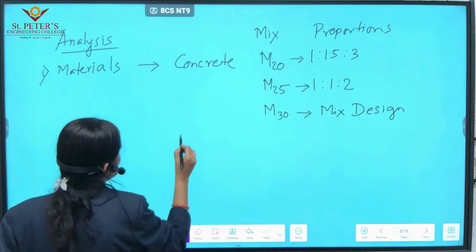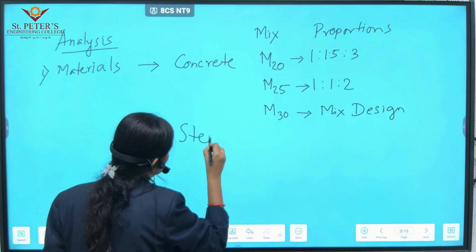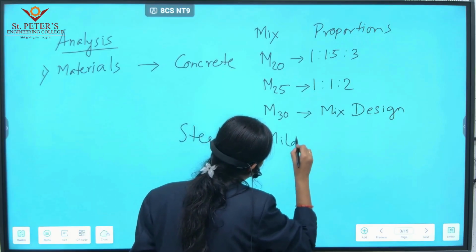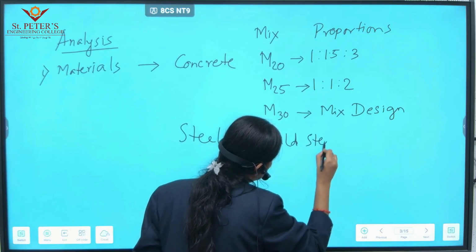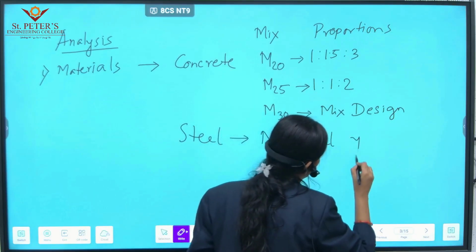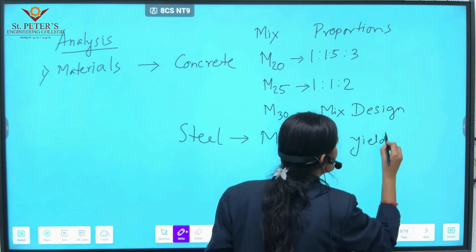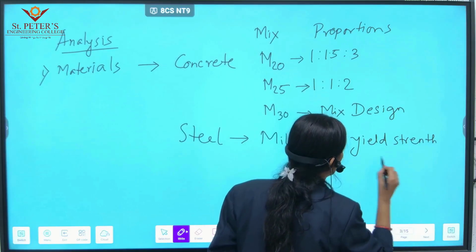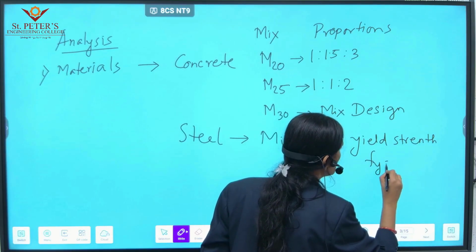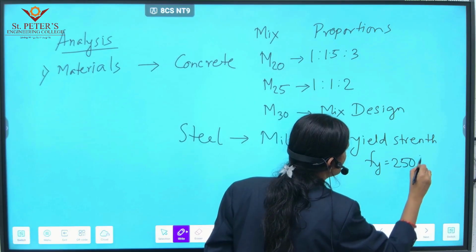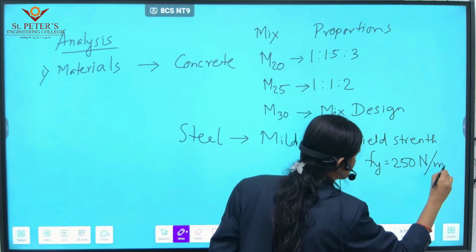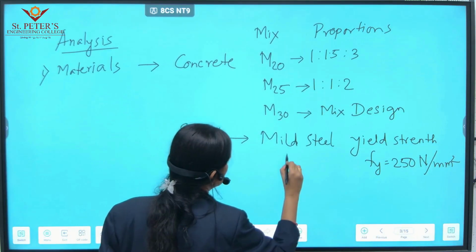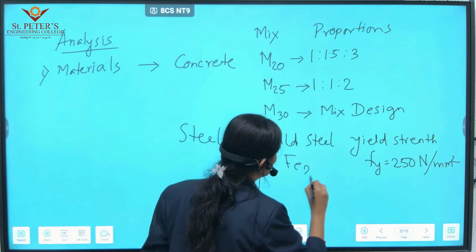The next material used is steel. In steel, we have mild steel, where the yield strength Fy is 250 Newton per mm square. This is Fe 250.